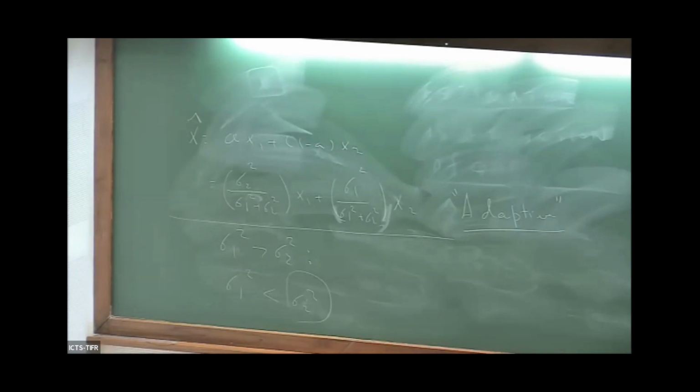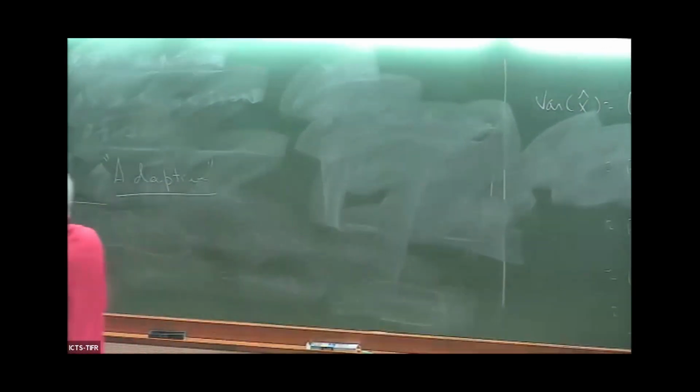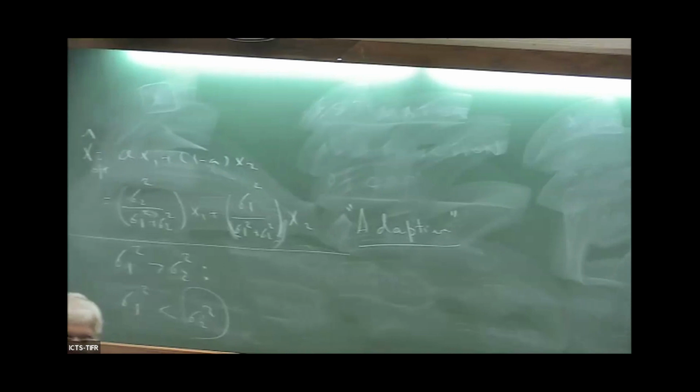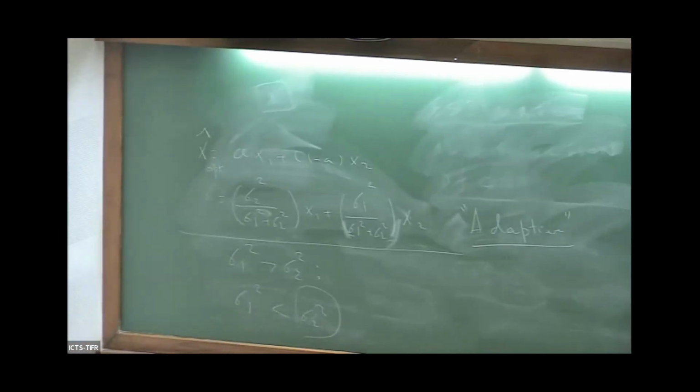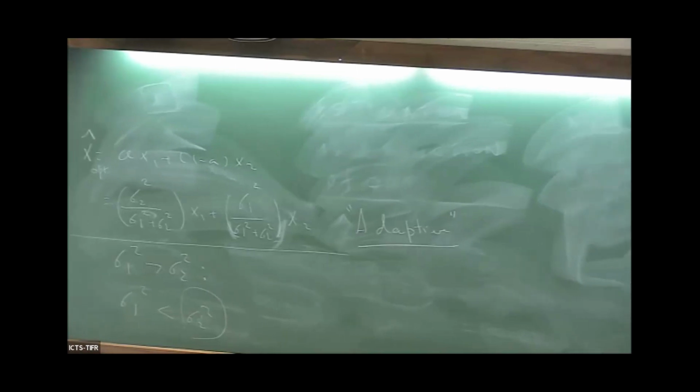Are you with me? Now, I want to do one last thing. So what is this? This is the optimal estimate. Why is it the optimal estimate? I plugged in the optimal value of A, buddy. A and 1 minus A are two weights.